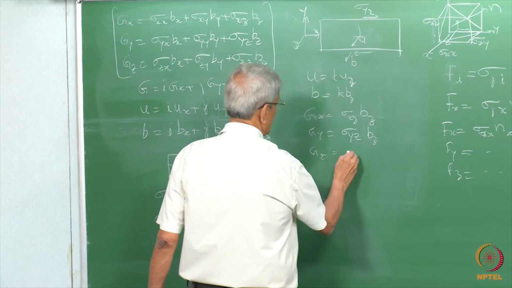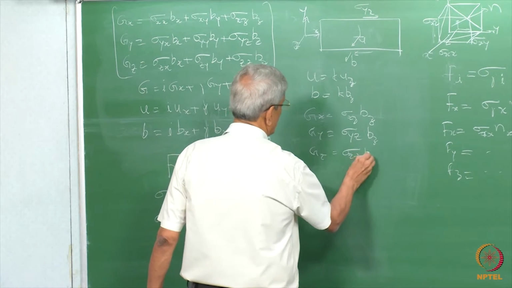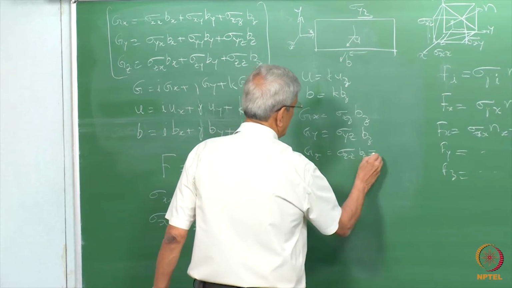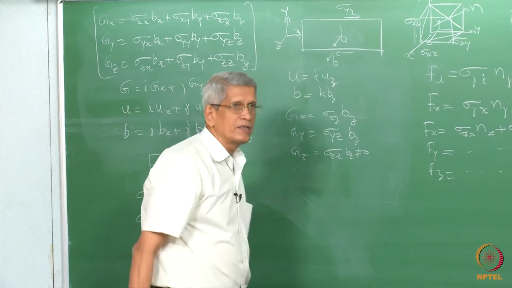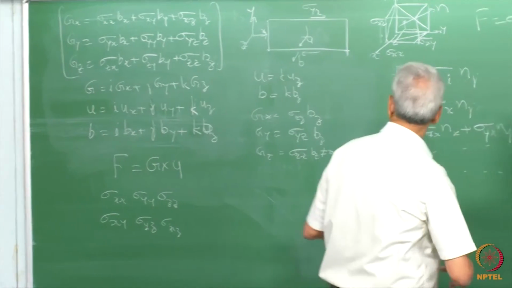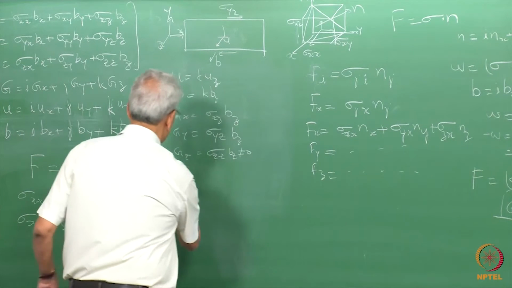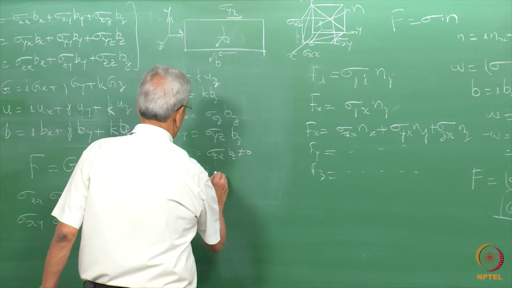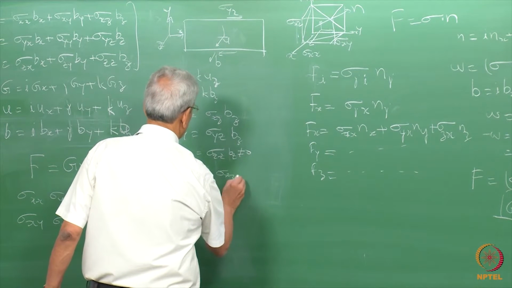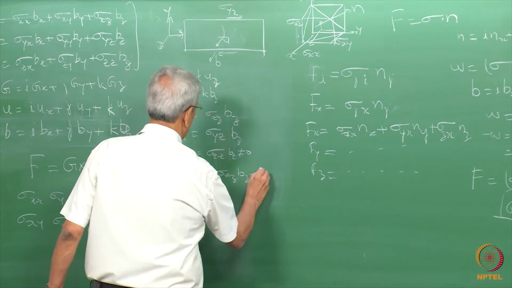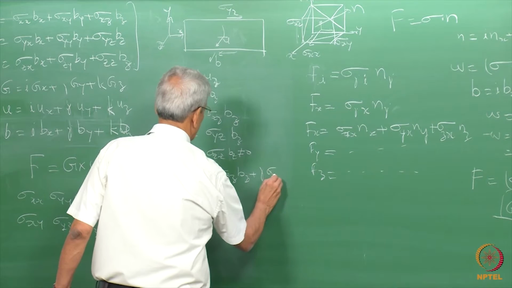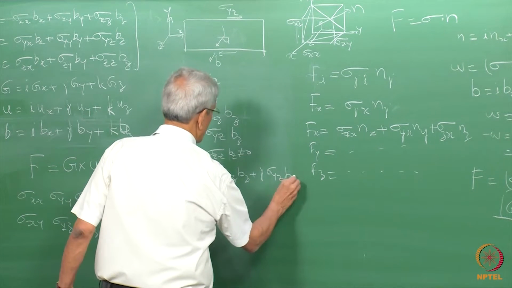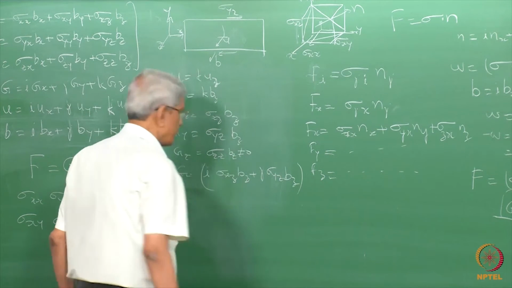Gz will be equal to sigma zz into Bz. But this term will be equal to 0 because sigma zz will not have any effect. So only this. So now G becomes I into sigma xz into Bz plus J into sigma yz into Bz, correct.